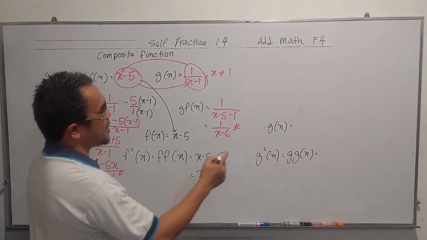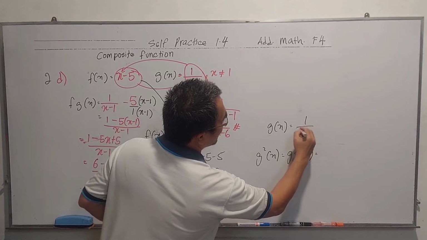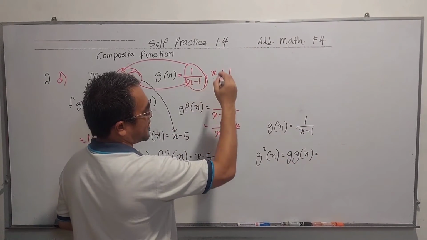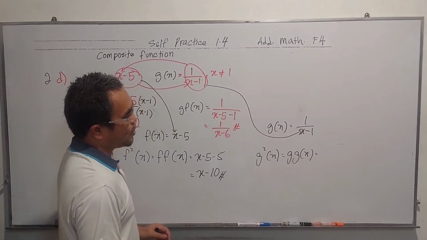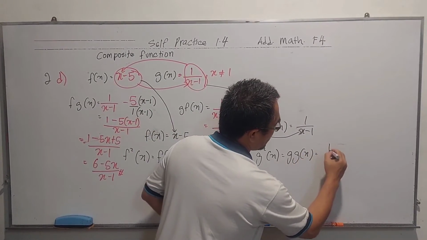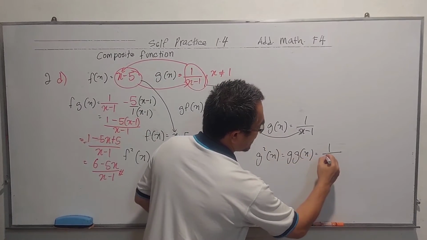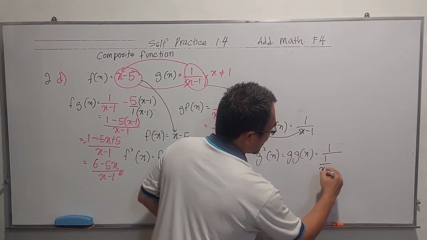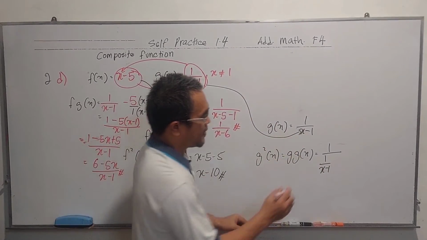Similarly with g(x), if g(x) is 1 over x minus 1, I'll move the whole bracket here to where x is, so it becomes more complicated than ever. So it will be 1 over, the x is replaced with 1 over x minus 1. And then do not forget, you have negative 1 here.